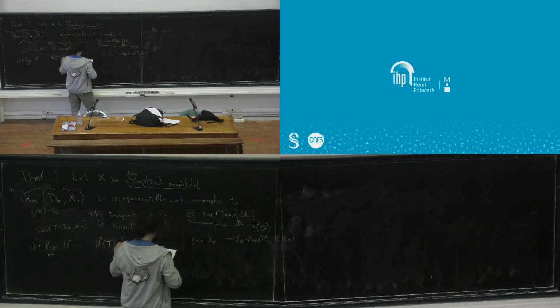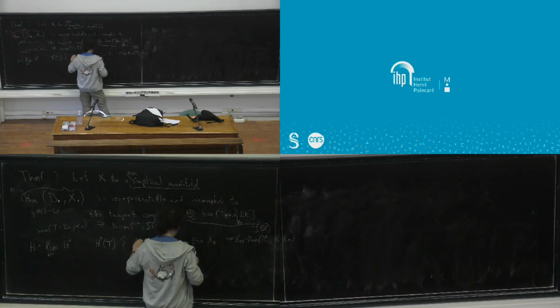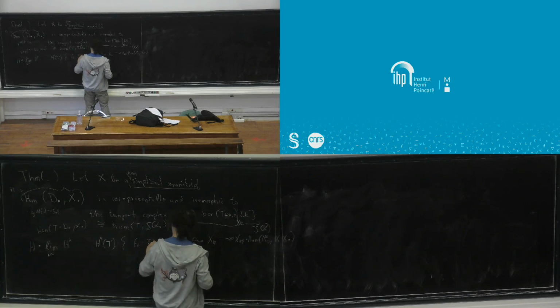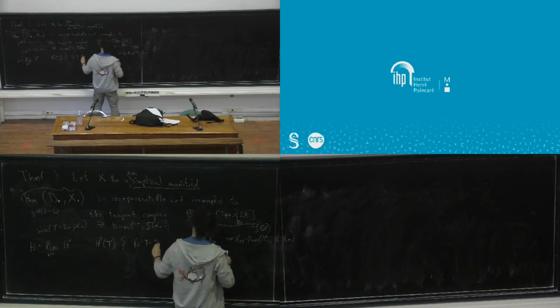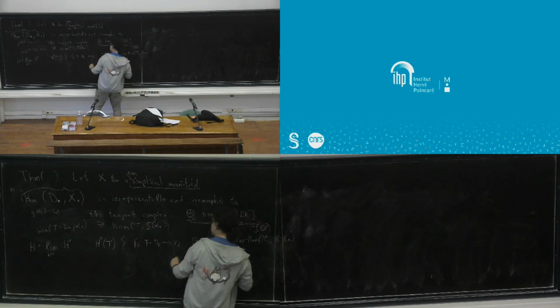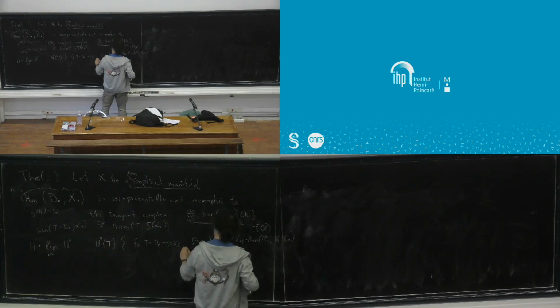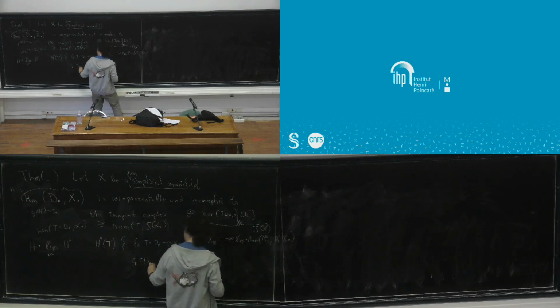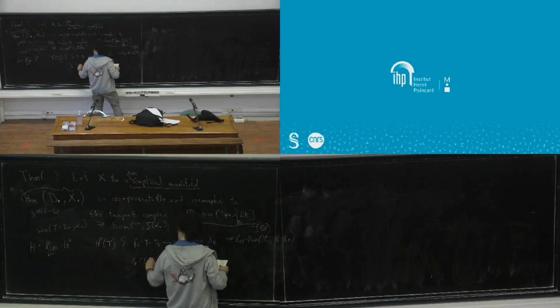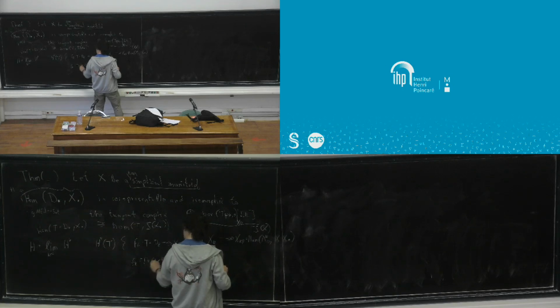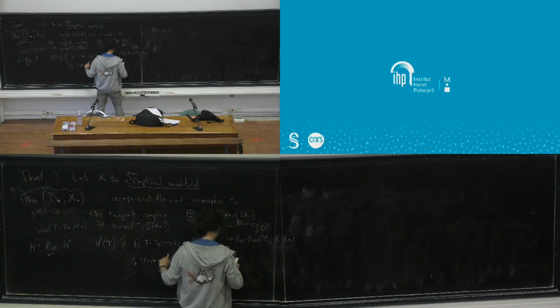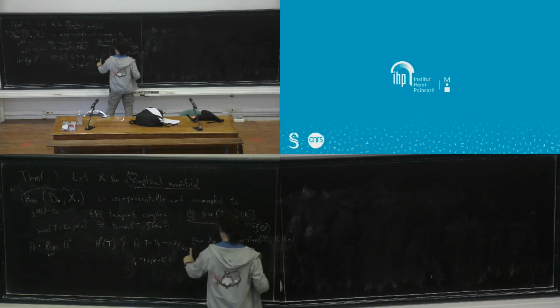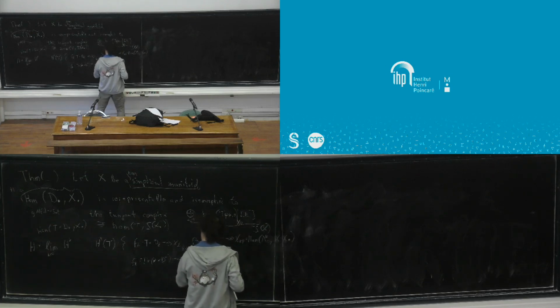So it will be a collection of maps, fl from t times d l to xl for l less than or equal to k minus 2, and fk, which is going to be defined not on the whole of d^{k+1}, but on star times d to the power k, to xk.